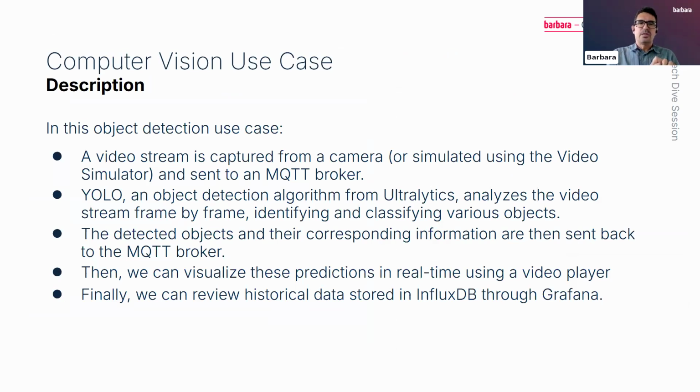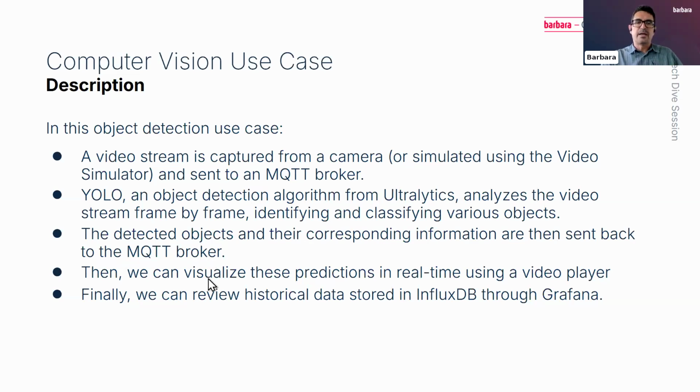Then we are going to use a YOLO. It is an AI model included in the Ultralytics application that helps me analyze the video feed and detect different patterns in every frame. So that will be the analysis we will do. Then the detected objects and all the information related to this detection, frame by frame, is sent to an MQTT broker.